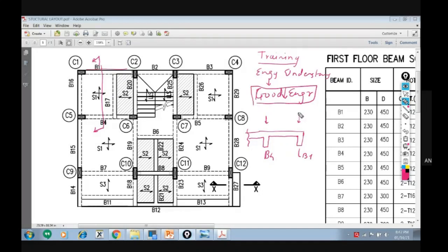So our aim is to become a great engineer through this training program. It may happen that you may not be very expert in the software, and even I don't expect that. You should know basic software and use it as per the practical project requirement, and that's it. But if you become a great engineer through this kind of engineering understanding and concepts, then you are a real engineer, and you will enjoy this actually.